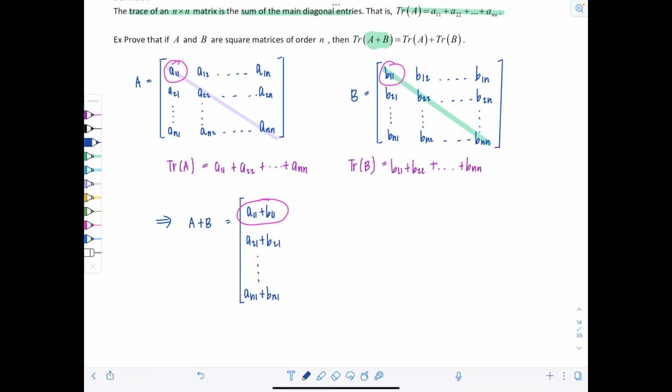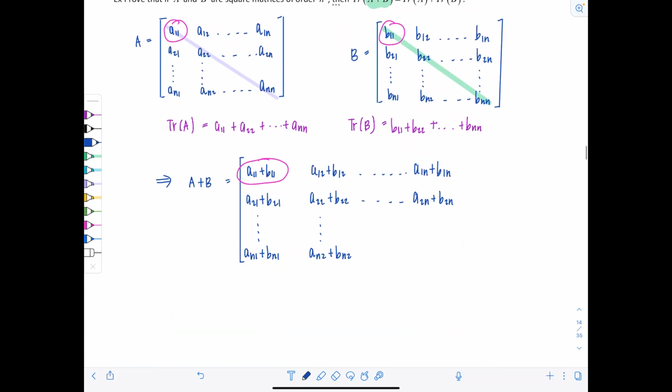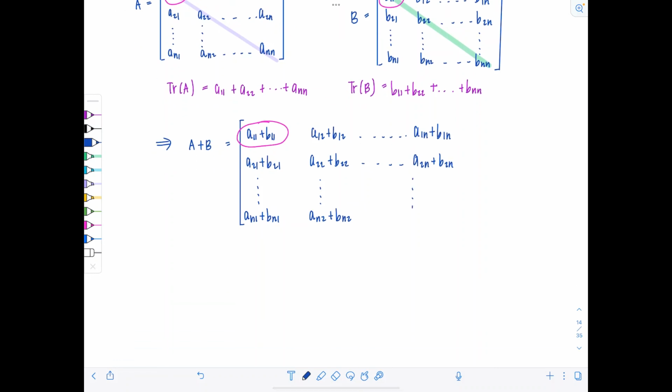And then the next column would be A12 plus B12, A22 plus B22, all the way down to AN2 plus BN2. And then the last entry of that row would be A1N plus B1N. Keep going, A2N plus B2N. And then the very bottom, you would have ANN plus BNN. So that's the matrix A plus B.